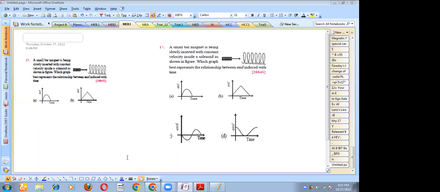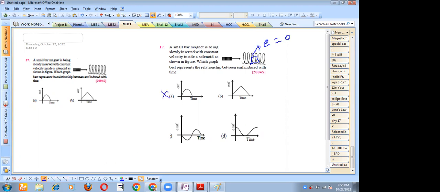The same concept can be applied here. When the magnet is completely inside, the flux will be almost constant and EMF will be zero. So during the intermediate part, when the magnet is well inside the solenoid, the induced EMF will be zero.